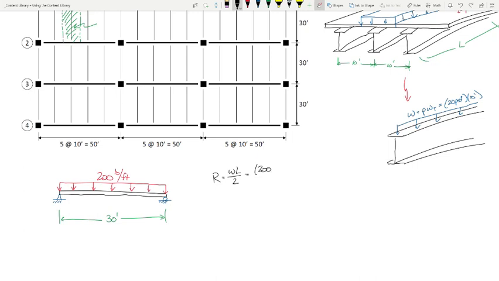Right. 3,000 pounds, yeah. 3 kip reaction.